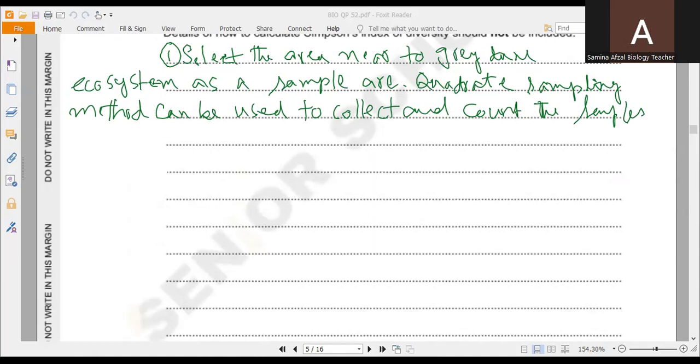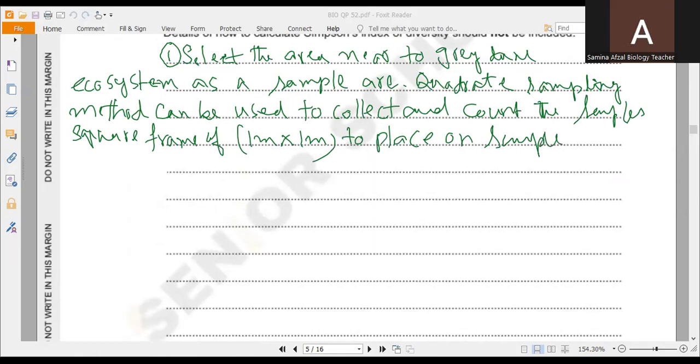For this purpose, you can use scale frames of 1 m by 1 m to place on the sample area. And then secondly, identify the plant species and count them.